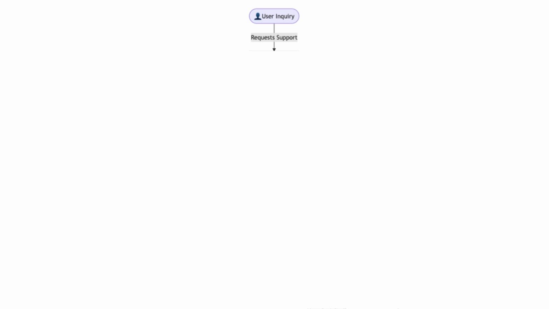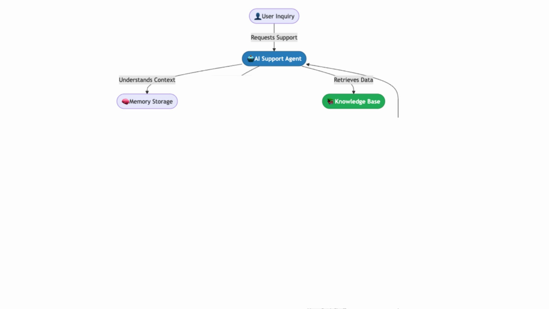Let's understand this. If a customer support needs to be automated using an AI agent, how does that look? If there is a customer inquiry coming to an AI support agent, it extracts from its knowledge base, and the inquiries are saved in memory with the context of what the user is asking.